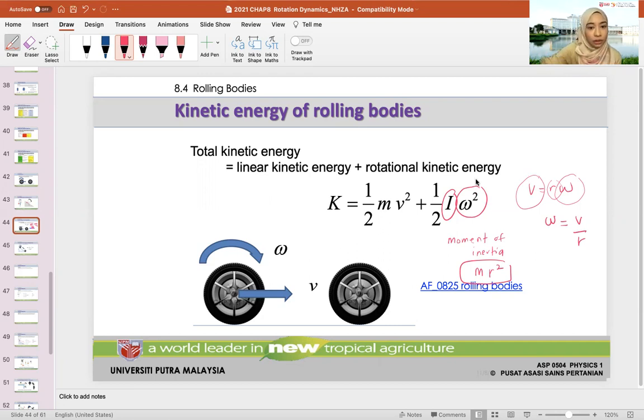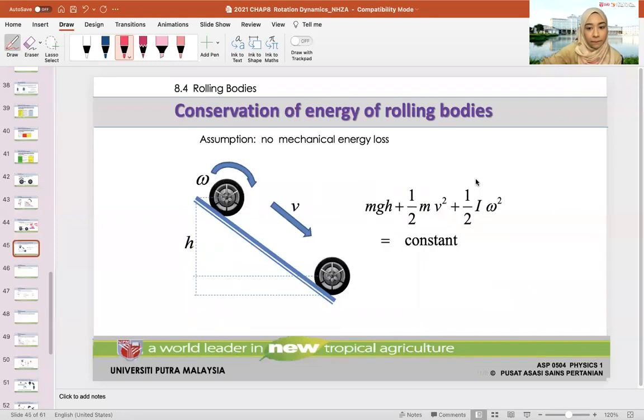Okay, so what else did we talk about? Okay, so instead of just having mgh plus ke, which was the linear part of our E initial, we talked about conservation of energy in chapter 4, I think.